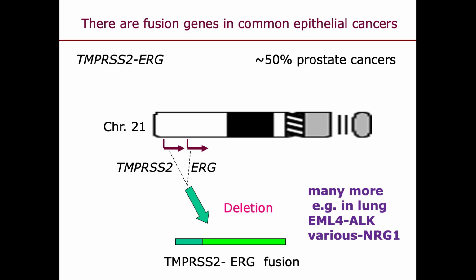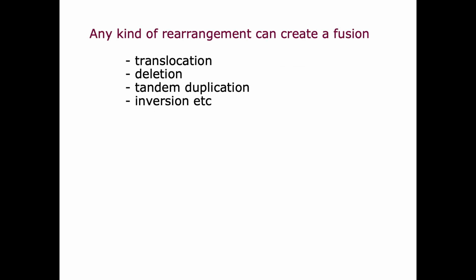But for example, in lung cancer, you have the EML4-ALK fusion, and there are various fusions of the NRG1 gene known. An important point that comes out of this is that it's not just chromosome translocations that create fusion genes. Any kind of DNA rearrangement can create a fusion, so translocation, deletion, inversion, tandem duplication are all known to be able to give rise to fusion genes.